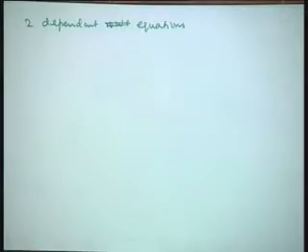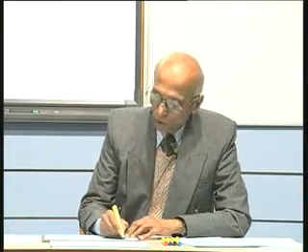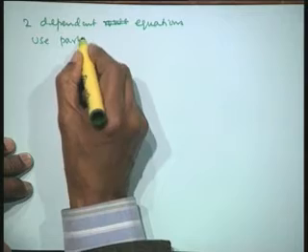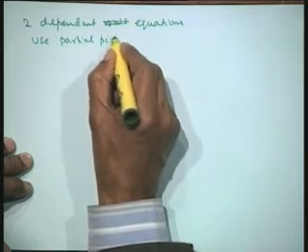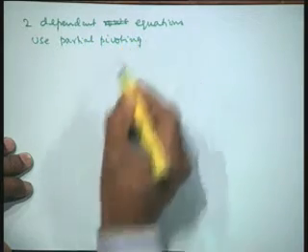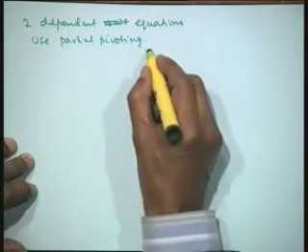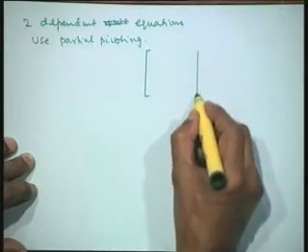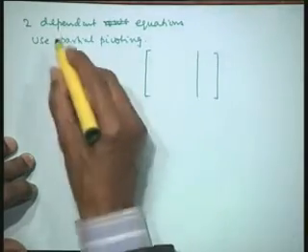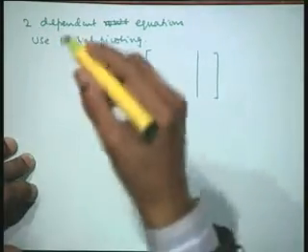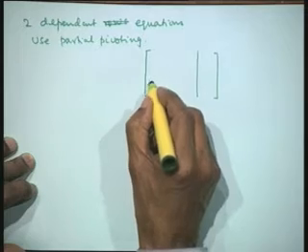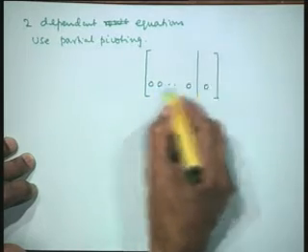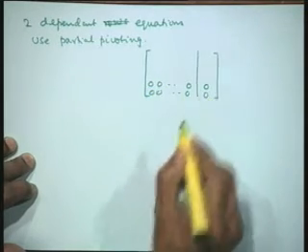Now when I perform the Gauss elimination using partial pivoting, then all the zeros that turn up, because they are dependent equations, we are subtracting one equation from another equation, so zeros would automatically be produced. Therefore the last two rows will turn out to be 0 0 0 0.